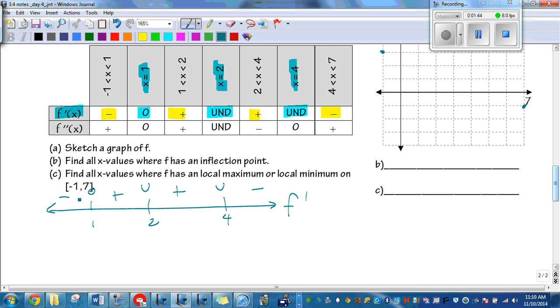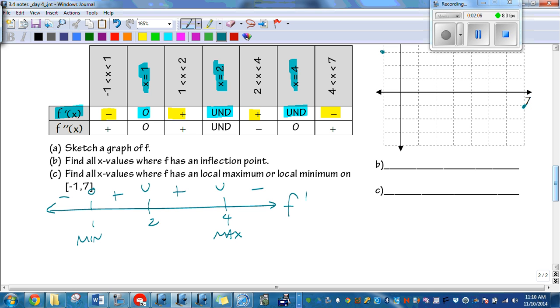Changes from negative to positive, what kind of a point do we get? We're going to have a minimum on f. At 2, it's not changing. It's positive, then positive. First derivative is not changing, so there's no minimum or maximum. At 4, the derivative changes from positive to negative, so f of x is going to have a maximum.